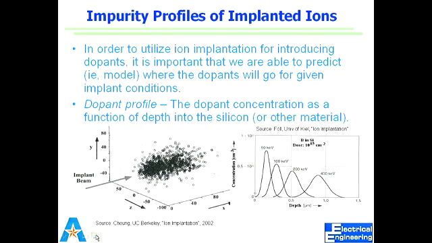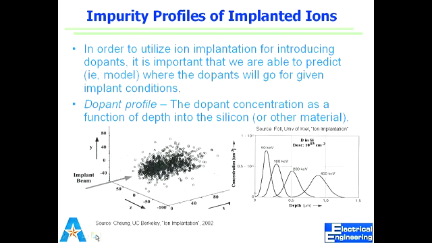Different voltages give us different profiles. When you say profile, it's depth and concentration, and the breadth of the Gaussian distribution. So this gives a very well confined distribution.